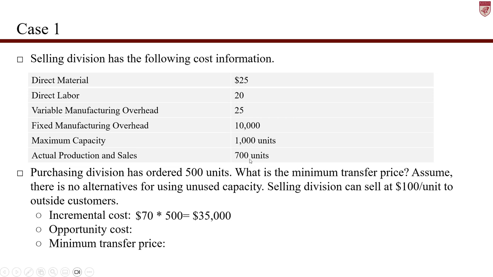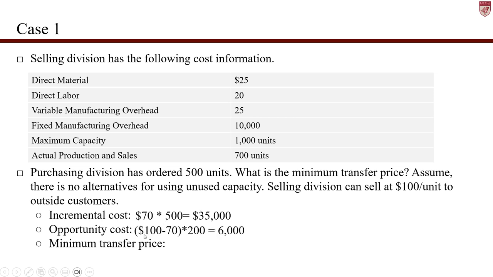And then for the opportunity cost, for the unused capacity of 300 units, it still remains 0, but the 200 units are for the margins that the selling division is giving up to the external market.